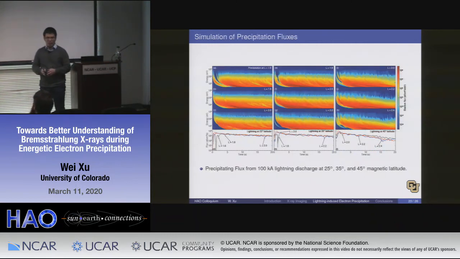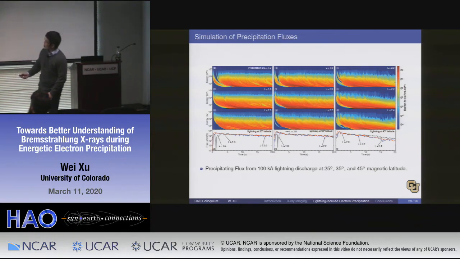This set of simulations includes ray tracing with particle interactions in the radiation belt, Monte Carlo simulation of electron precipitation, and FDTD simulation of VLF waves. This figure shows the simulation results of the first 2 steps.